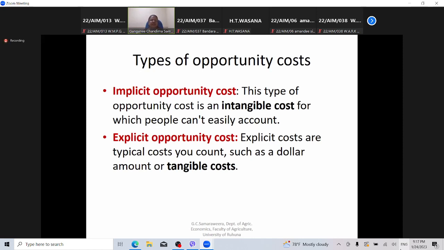In case of opportunity cost, these 2 terms are there.